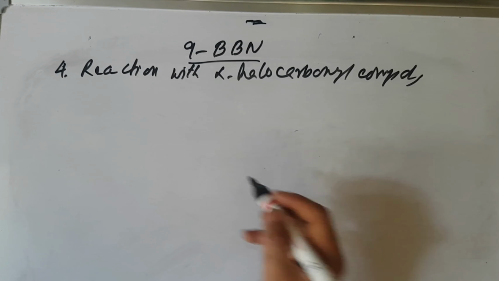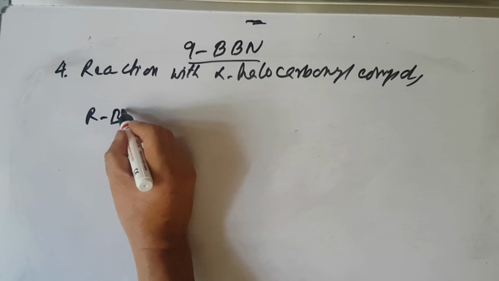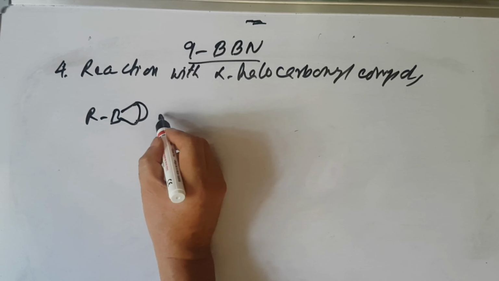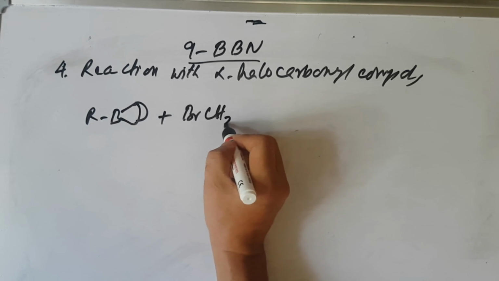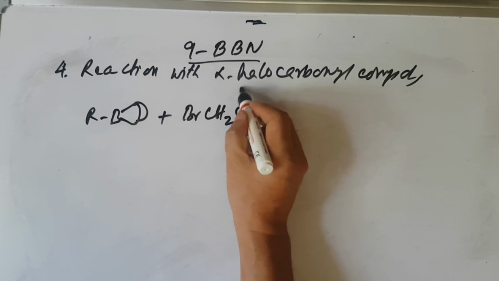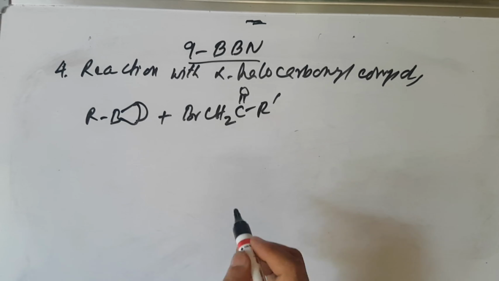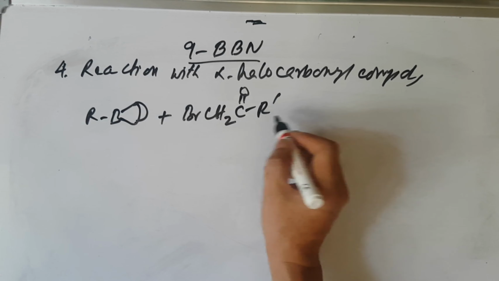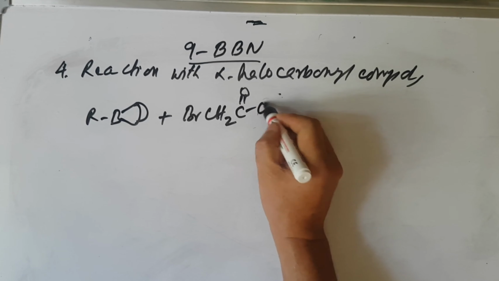So here the alkyl boron obtained from 9BBN can react with alpha bromoacetate, or another one, alpha bromoacetate, or you can say an ester type.